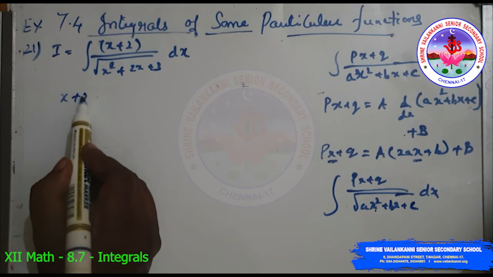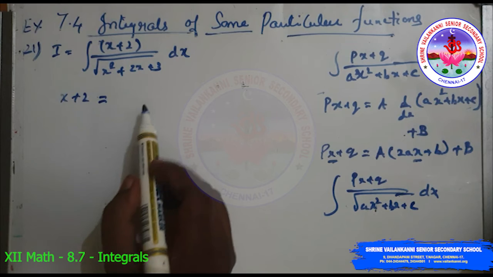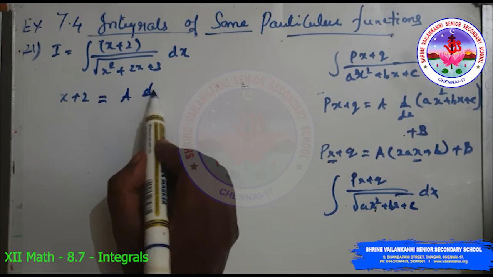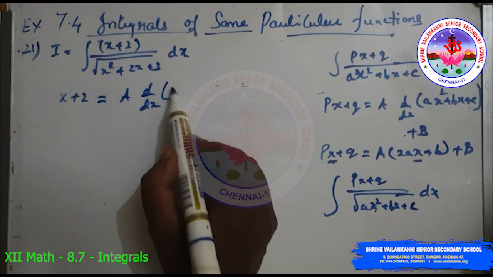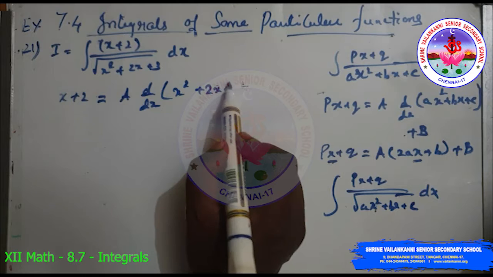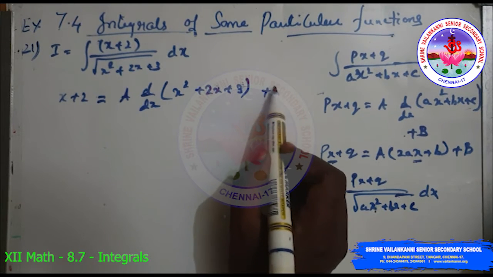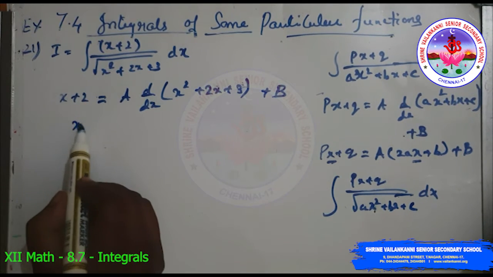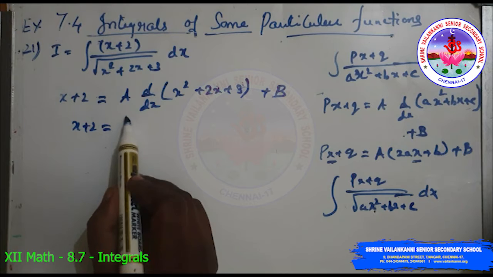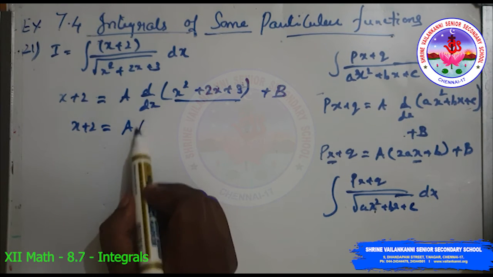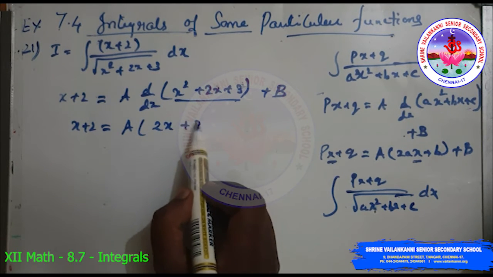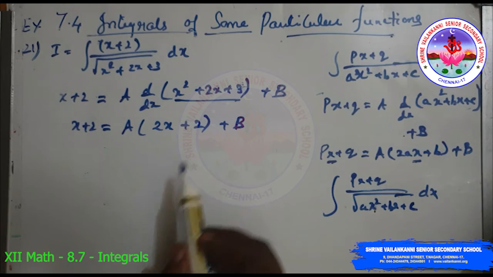So x plus 2 equals A into d by dx of the denominator x square plus 2x plus 3, plus capital B. So x plus 2 equals A into, differentiating this, 2x plus 2, plus B.